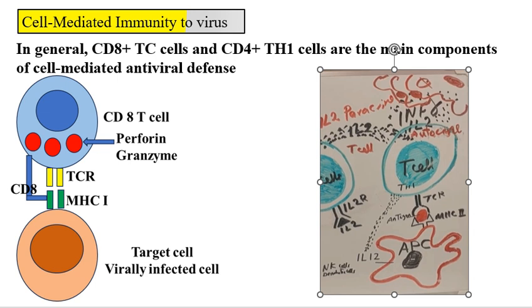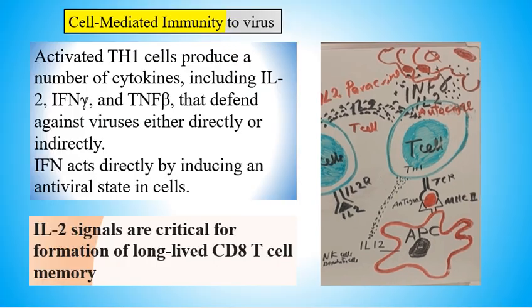So now let us go to cell-mediated immunity. However, IL-2 signals from T helper 1 cells also play a very crucial role in the formation of long-lived CD8 cell memory.